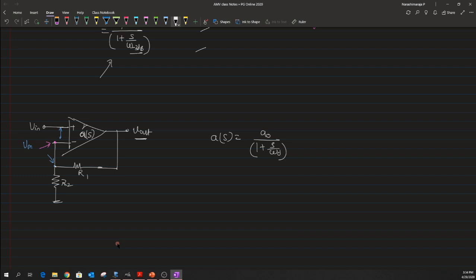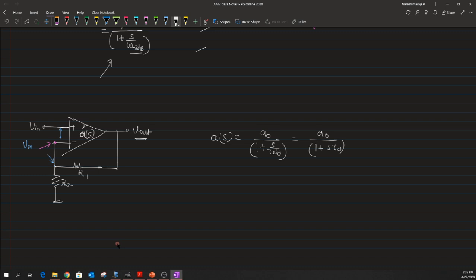Let us assume that instead of omega 3 dB, I just write omega naught here, which is the bandwidth of the open loop system. If you want, we can even write it in terms of tau as 1 plus S tau naught. There are too many ways by which one could rewrite it.